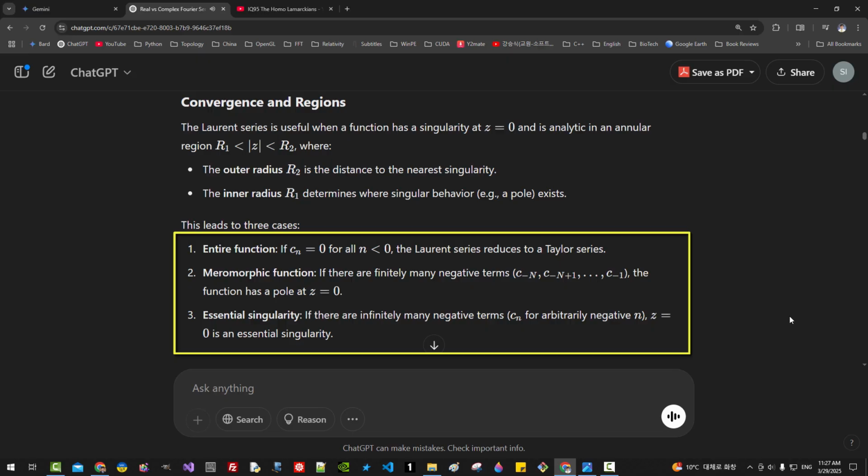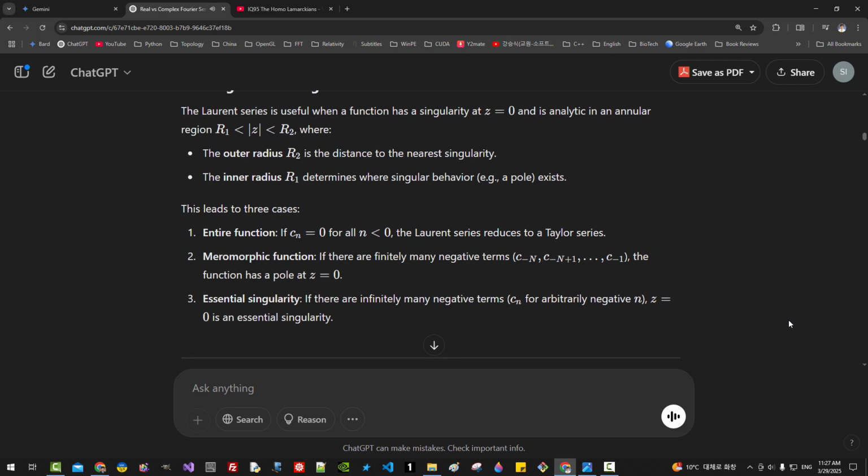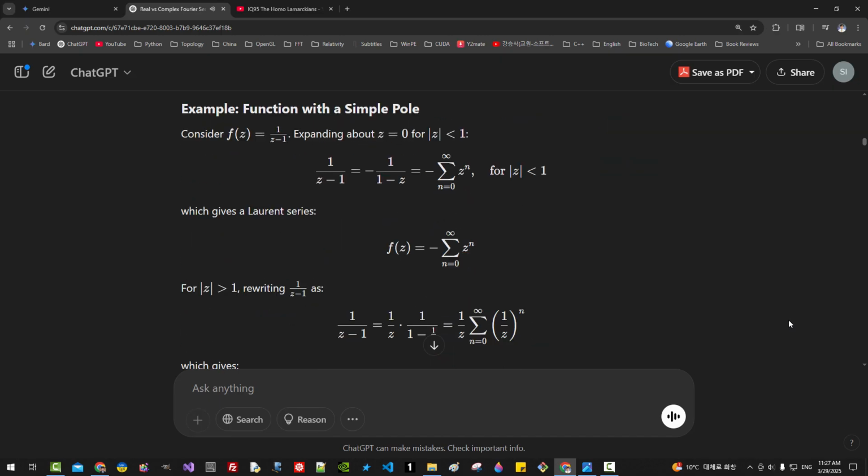If c_n = 0 for all n < 0, the Laurent series reduces to a Taylor series. 2. Meromorphic function. If there are finitely many negative terms, c_{-1}, ..., c_{-m}, the function has a pole at z = 0. 3. Essential singularity. If there are infinitely many negative terms, c_n for arbitrarily negative n, z = 0 is an essential singularity.